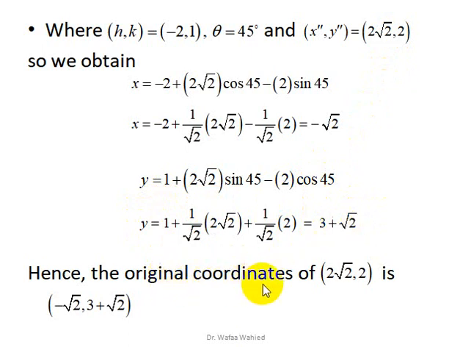Hence, the original coordinates of the point is given by this point.